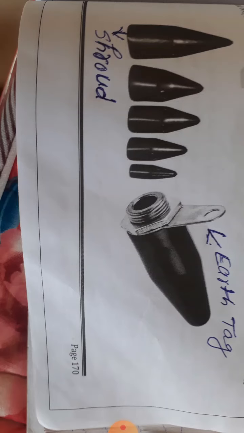Okay, and about the shroud, it is made of PVC. If you put the shroud there, dust does not go inside your gland, and the gland does not jump. Okay, so this shroud saves the gland.